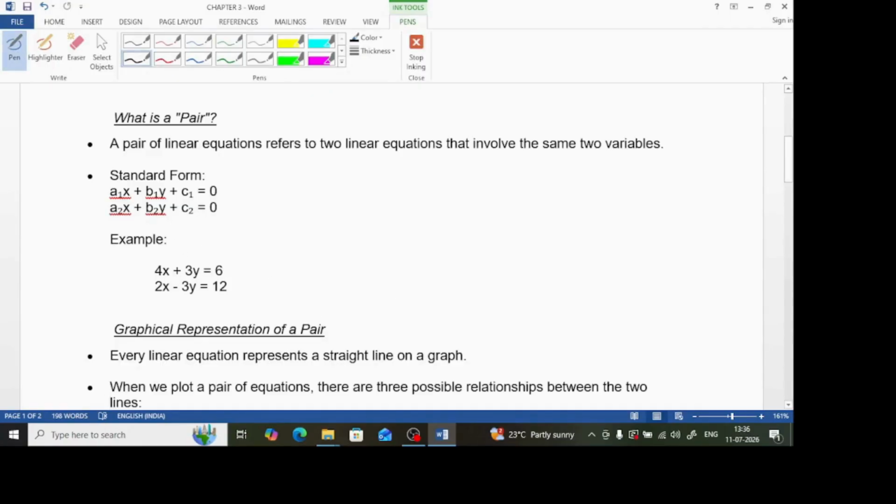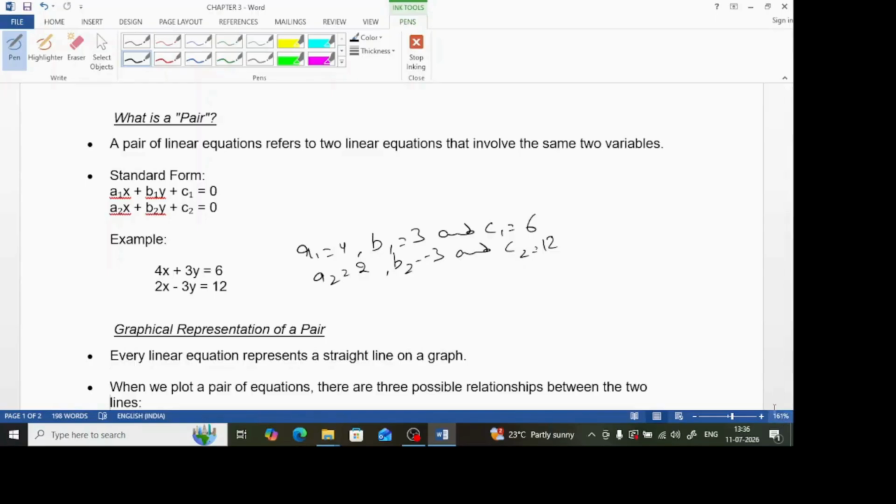Here a1 is 4, b1 is 3 and c1 is 6, and a2 is 2, b2 is minus 3 and c2 is 12.